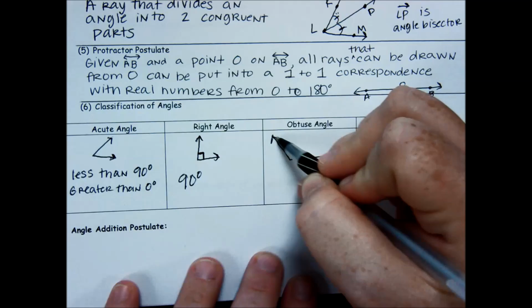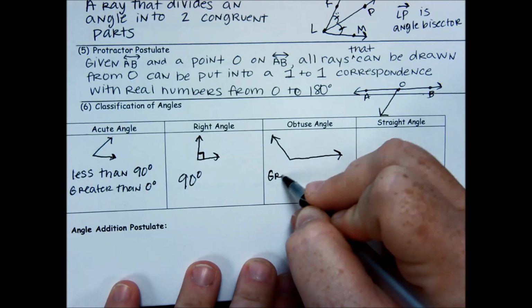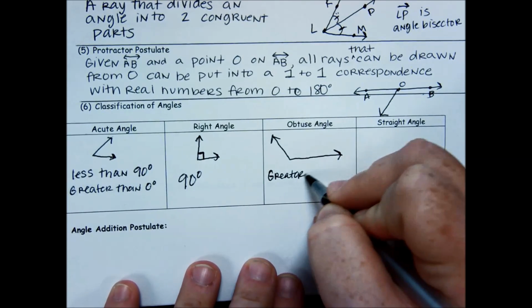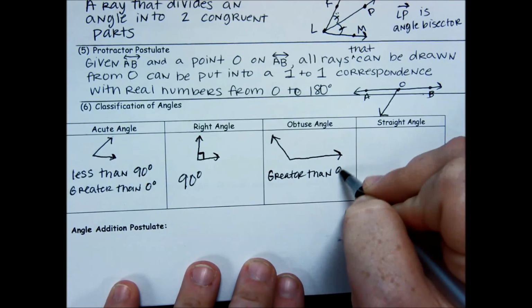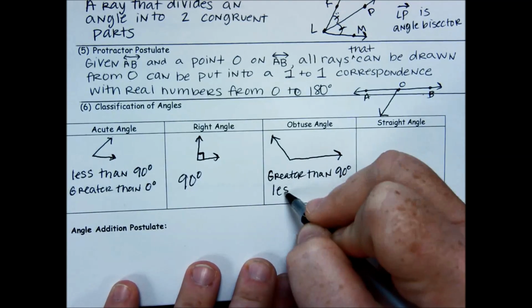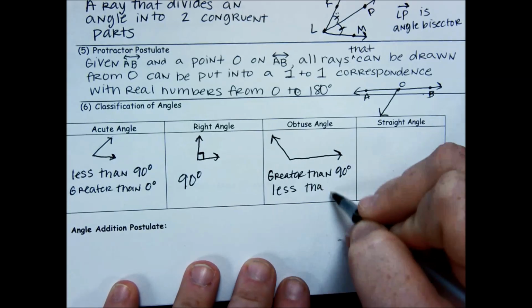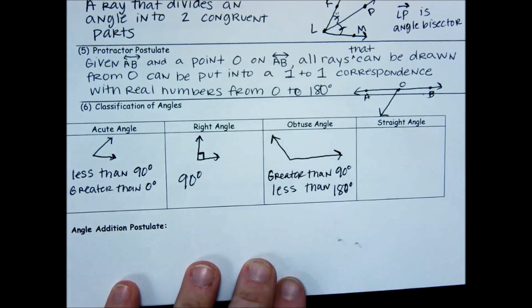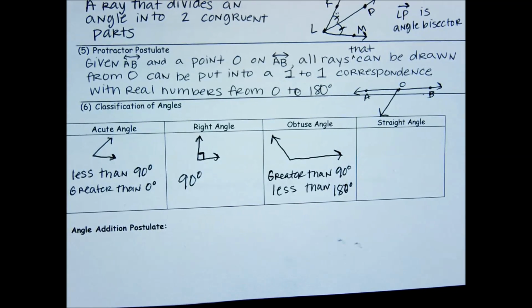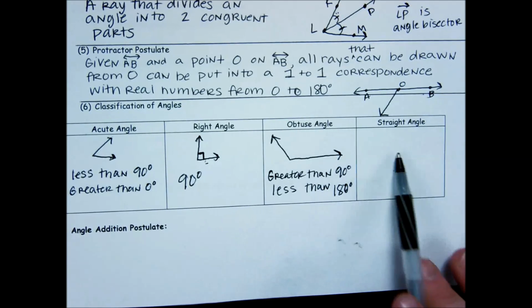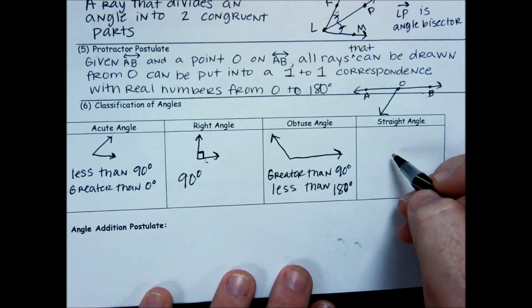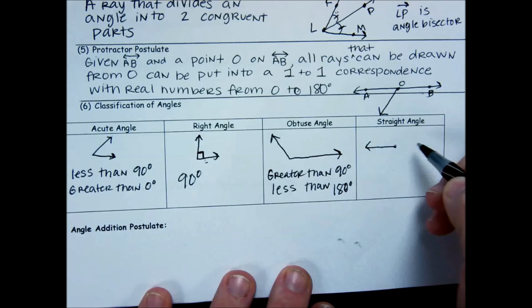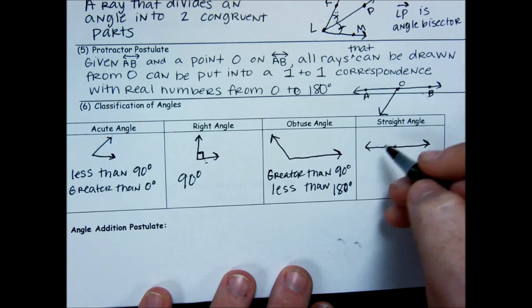An obtuse angle has to be greater than 90 degrees, but less than 180 degrees. And the last one is a straight angle. A straight angle is formed by opposite rays.